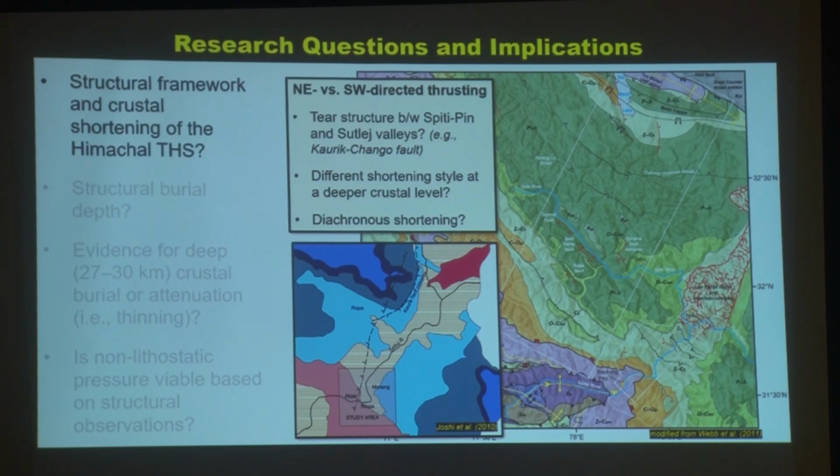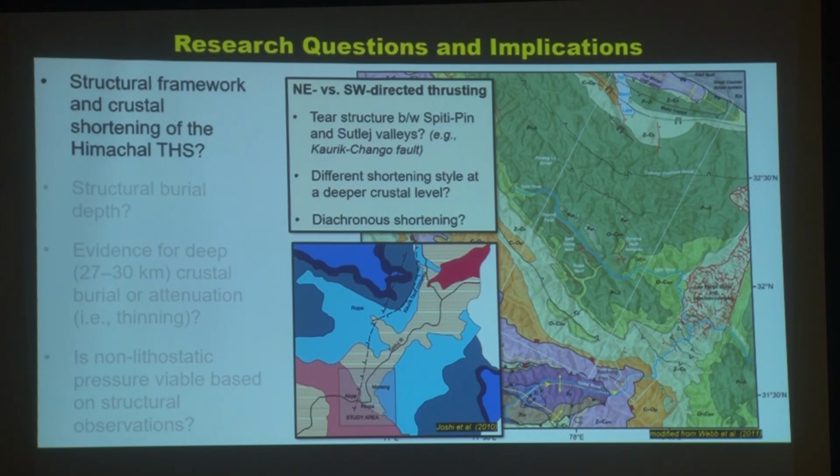Another potential explanation for this change in the thrust transport direction is perhaps that in Sutlej Valley, these southwest dipping thrusts reflect a different shortening style at a deeper crustal level. Perhaps the Tethyan Himalayan sequence exposed here is the lower to middle part of the section, whereas in Spiti Pin Valley it's the middle to upper part of the section.